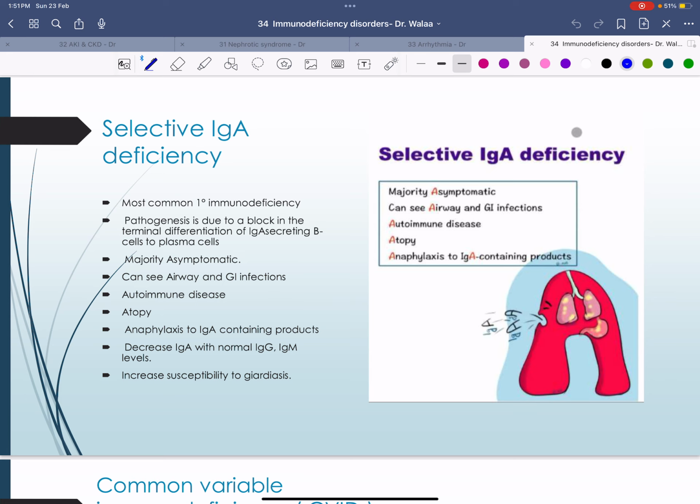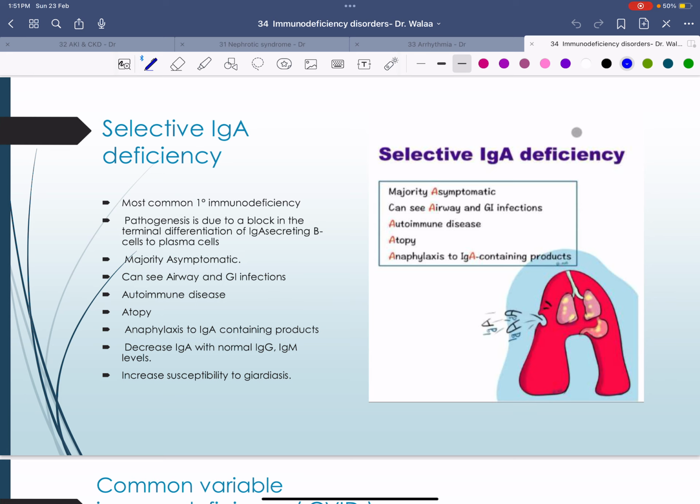People with selective IgA deficiency, you have to make sure that, if they get diagnosed, they have to be labeled إنه عندهم IgA deficiency. ليش؟ Excellent.